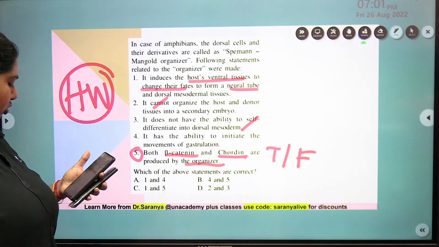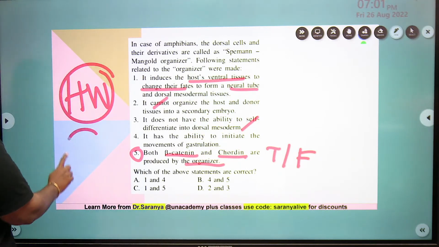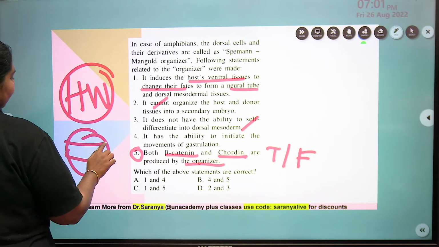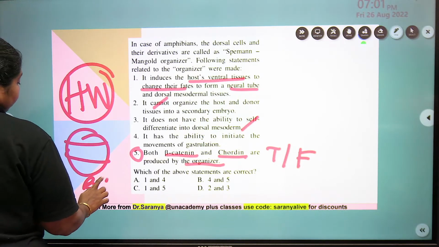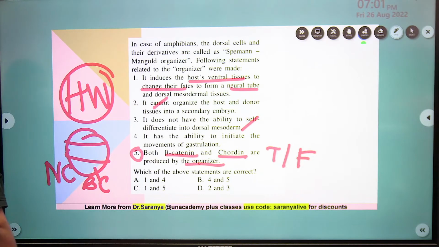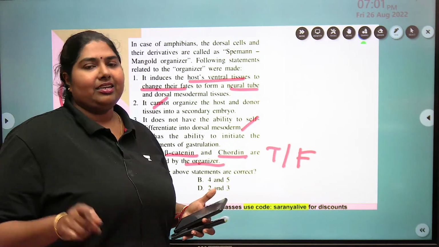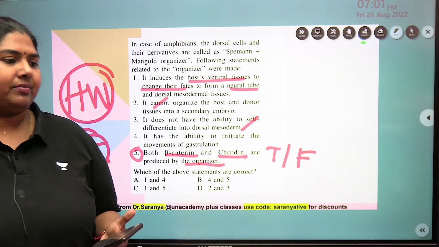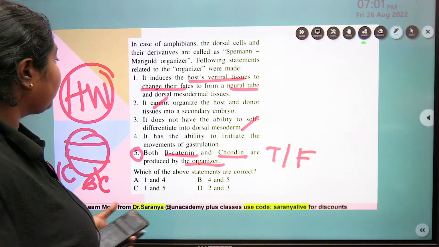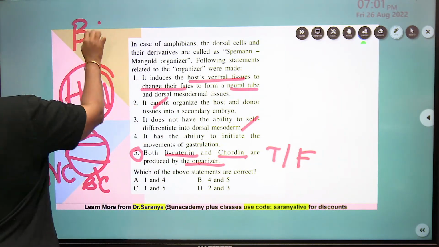Tasnin is saying true, Rubika is true. What did I tell you about beta-catenin? Who will secrete this beta-catenin? Beta-catenin is secreted by the Nieuwkoop center. Only accumulation happens in the dorsal mesoderm. Again and again I'm telling this very important point. Please don't get tricked.